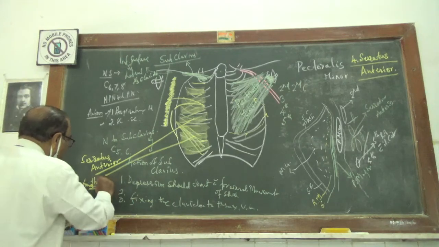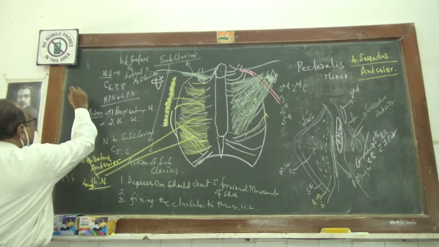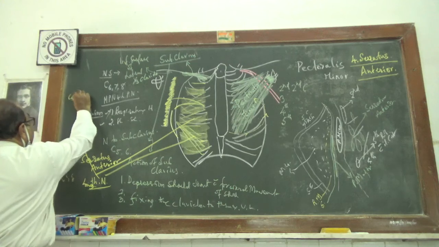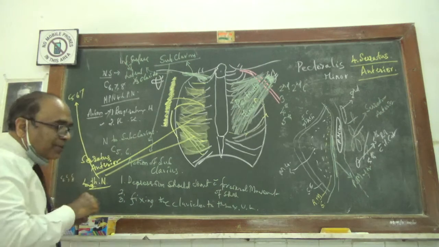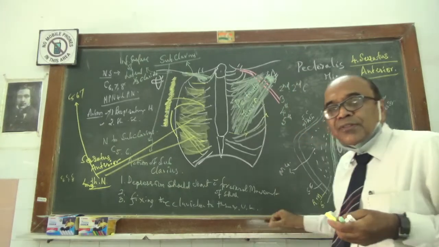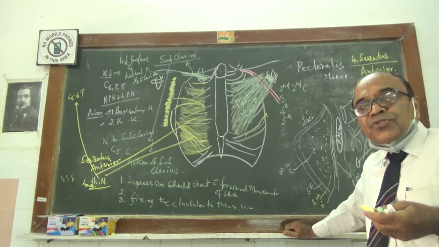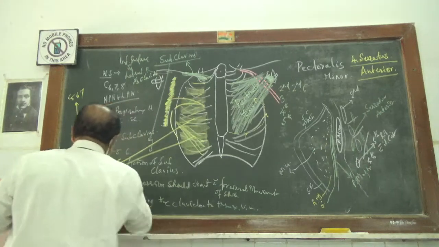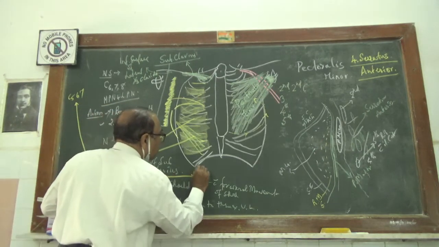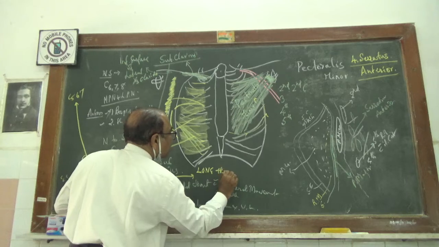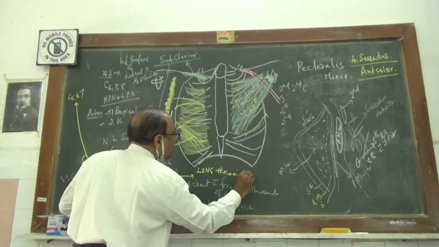The root values are C5, C6, C7, which will form the long thoracic nerve. I will write it here, long thoracic nerve.